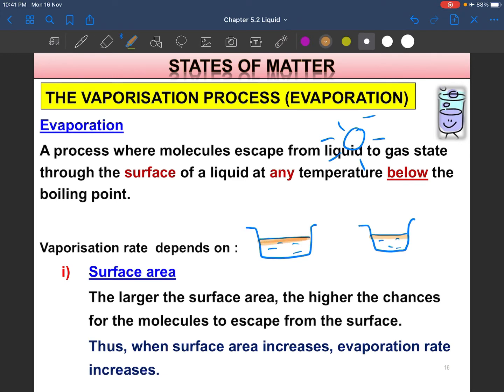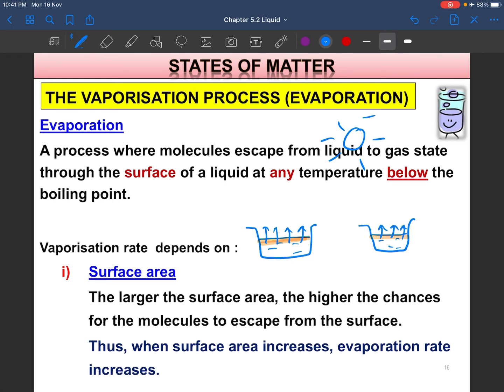Okay, so this surface area small. Okay, so tadi saya dah explain evaporation tu berlaku di surface ni sahaja. So, kalau surface ni besar, that means sepanjang kawasan ni boleh berlaku evaporation. So, banyaklah molekul yang terlepas keluar jadi vapor. Okay, tapi kalau this one tak banyak pun yang boleh lepas jadi vapor.